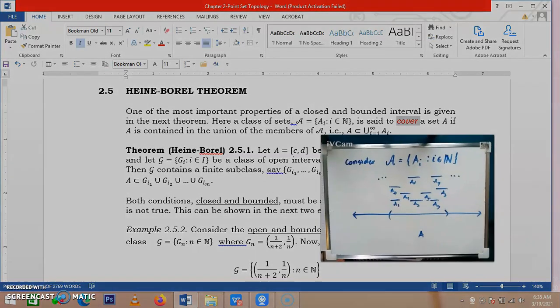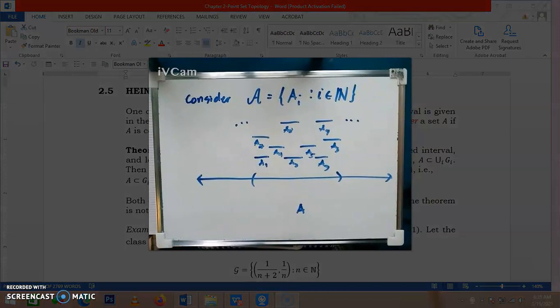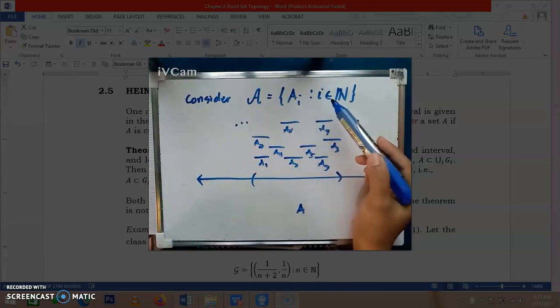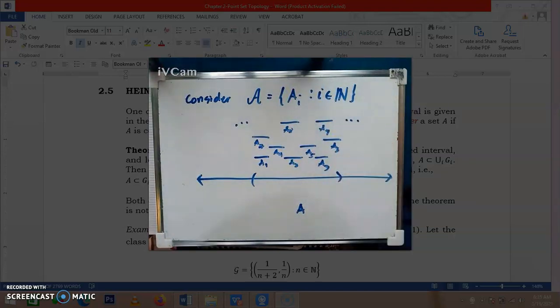So let's have this illustration. Let's consider the class of sets. We have here A1, A2, and so on. So we have A sub I, where I is a natural number. Say this is our set A here.